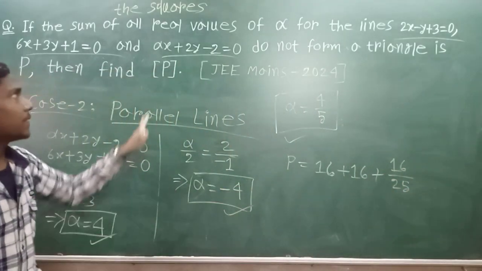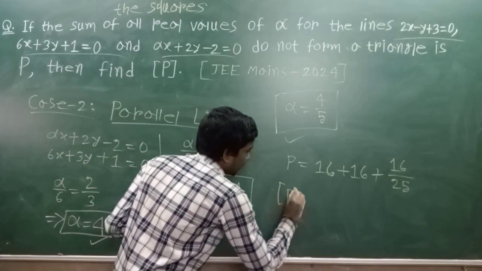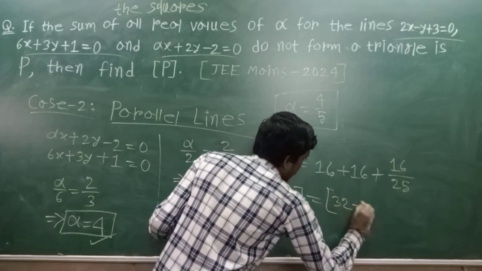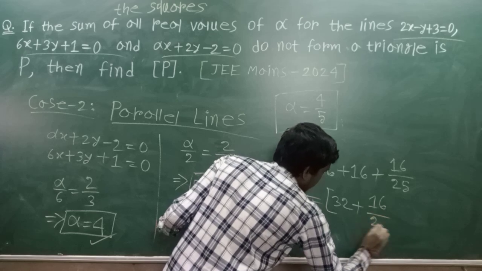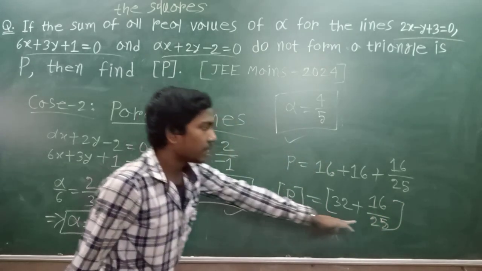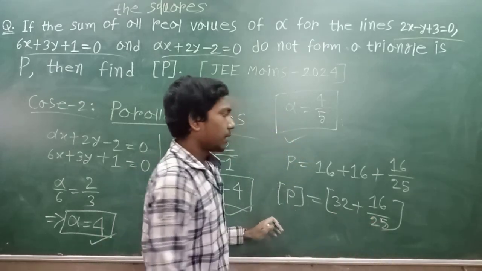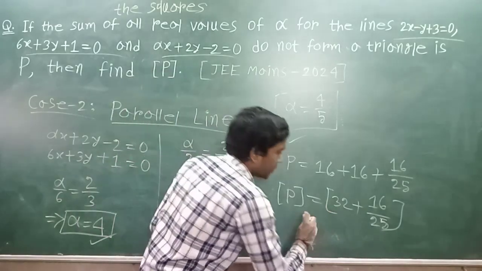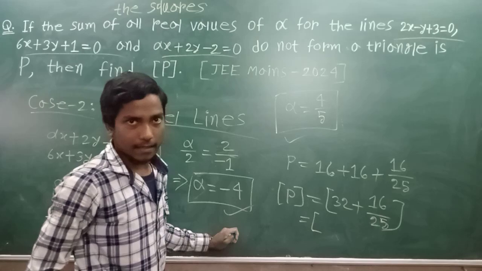Then we have to evaluate the value of box P. So box P is equal to box of 32 plus 16 by 25. Okay, now this is a proper fraction, so it will be 0 point something. So its greatest integral part is 0, and 32 is an integer. Now the property of box says this is distributive over addition and subtraction.